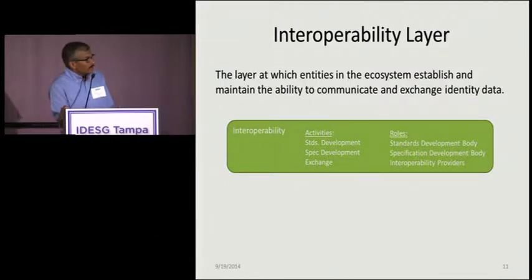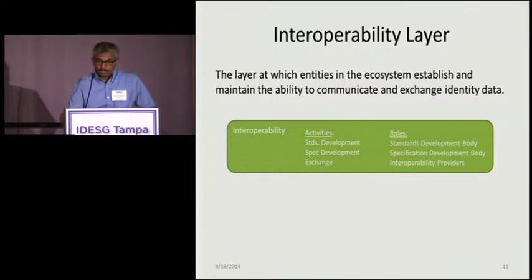So the roles again are, to perform these activities, we definitely need some entities playing the roles of a standards development body, specifications development body, and the interoperability providers. Interoperability providers are seen as exchanges. So you probably have some exchanges in the ecosystem whose job is just to provide the interoperability between different standards. Mike, chime in if I'm saying anything wrong.